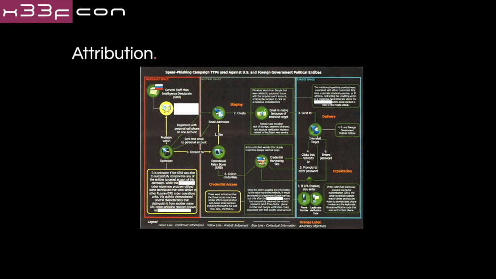This is a slide deck that shows an operation from the GRU, the Russian Military Intelligence Agency, against the US government. But what is important for us in this talk is how did the NSA manage to attribute this attack to the GRU, and what can we learn from it? So I will take a small snapshot of this very detailed diagram and let's see how they did it.